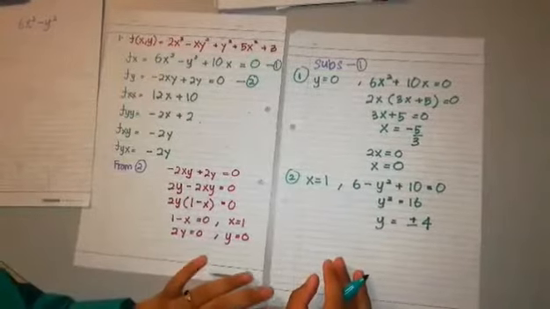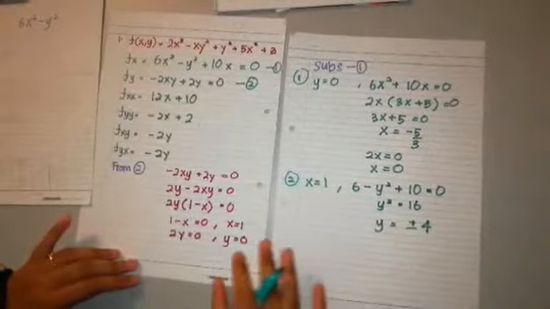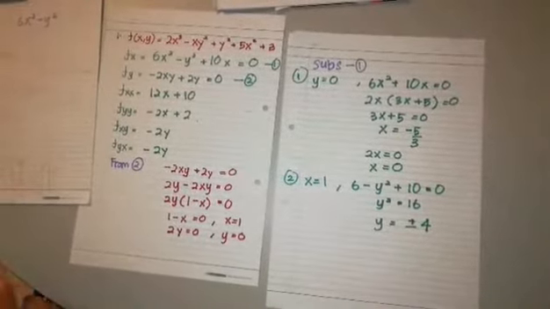So what are the critical points that we get from these two?